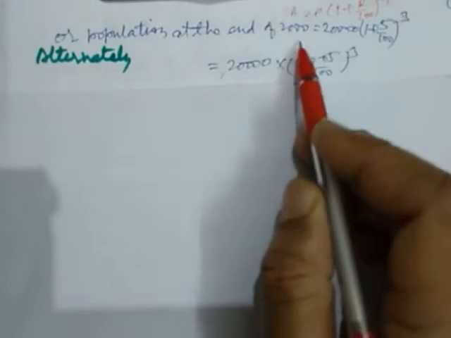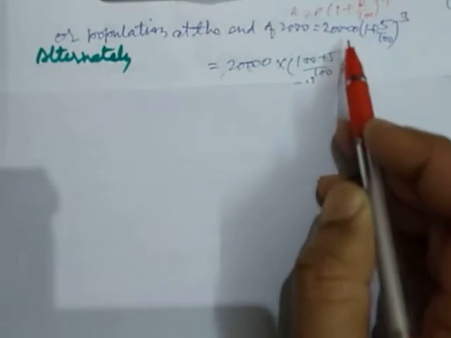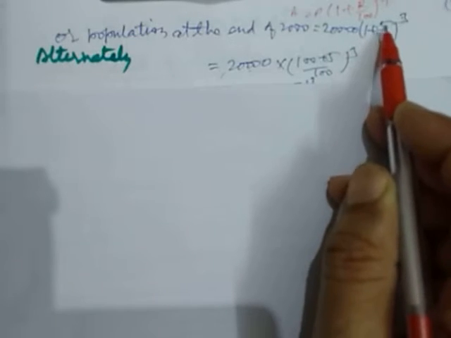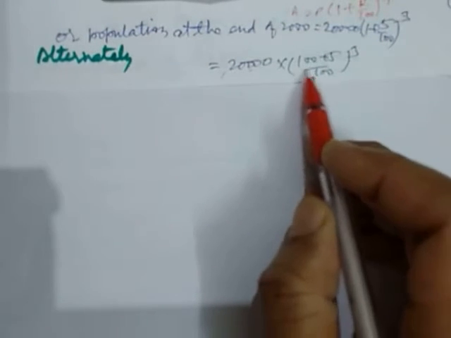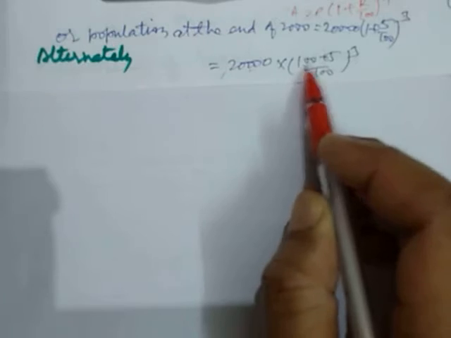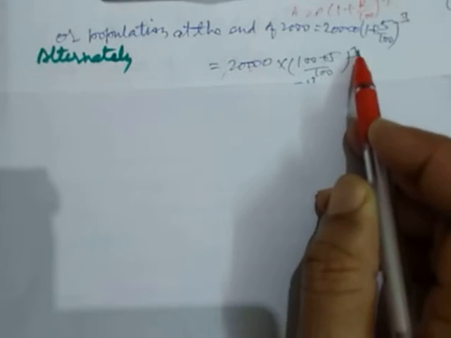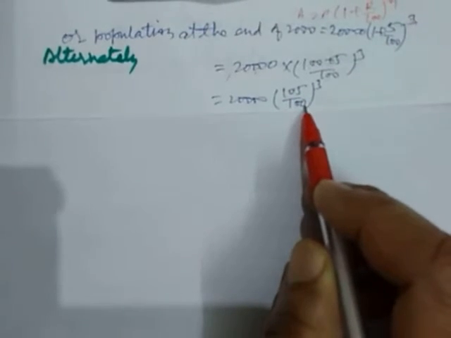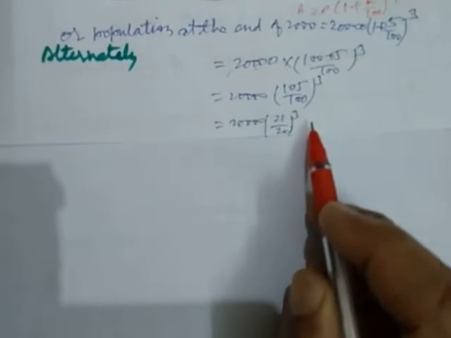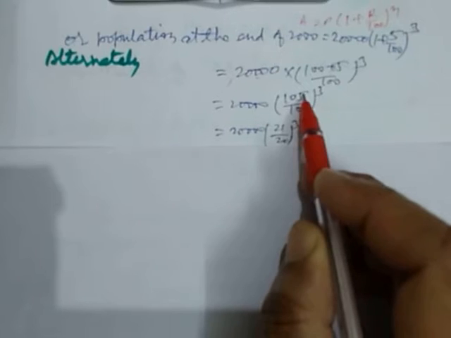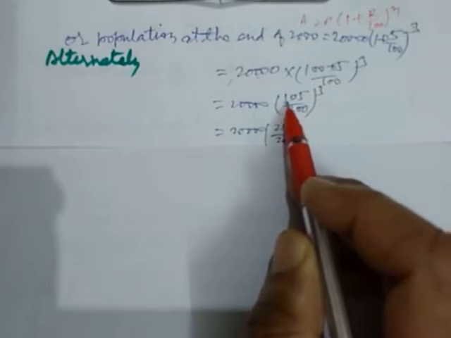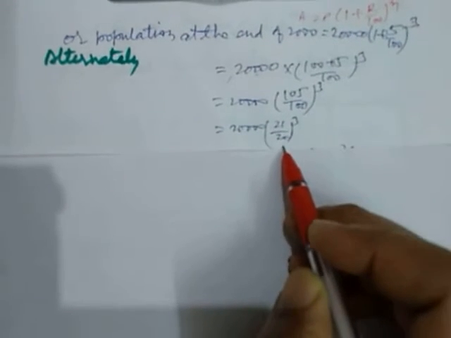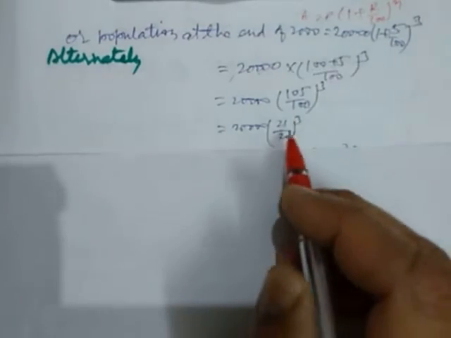So principal is 20,000, and this 1 plus 5 by 100, by simplifying, becomes (100 plus 5) by 100 power 3. So by simplifying this becomes (105 by 100) power 3. By cancelling with 5 we get (21 by 20) power 3.